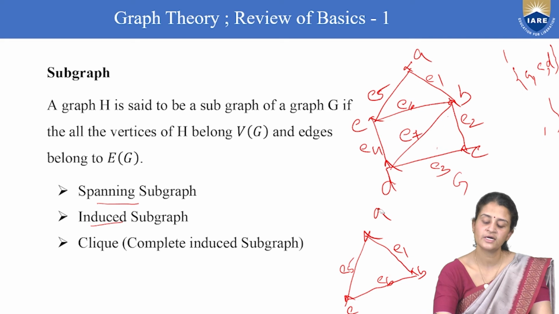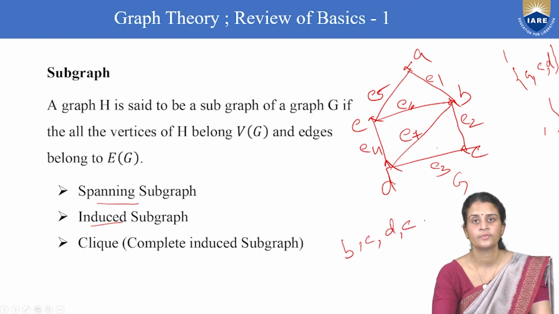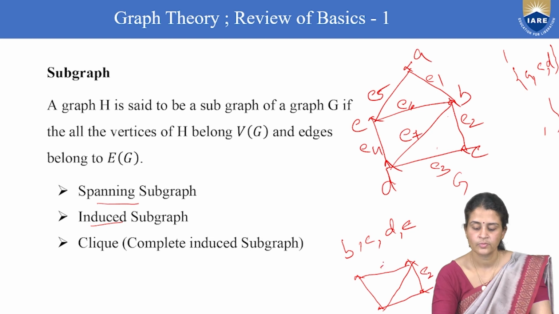Suppose I am having a graph like this. Suppose I am taking these vertices B, C, D and E, and I am drawing this graph. Now this is a subgraph. What is it?